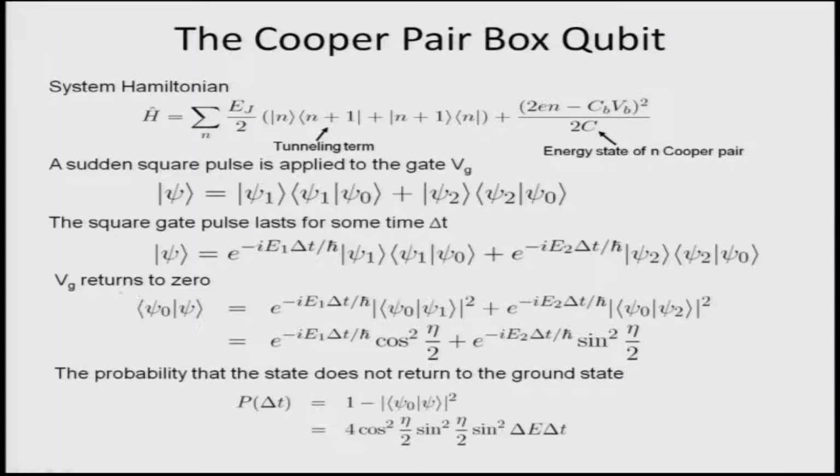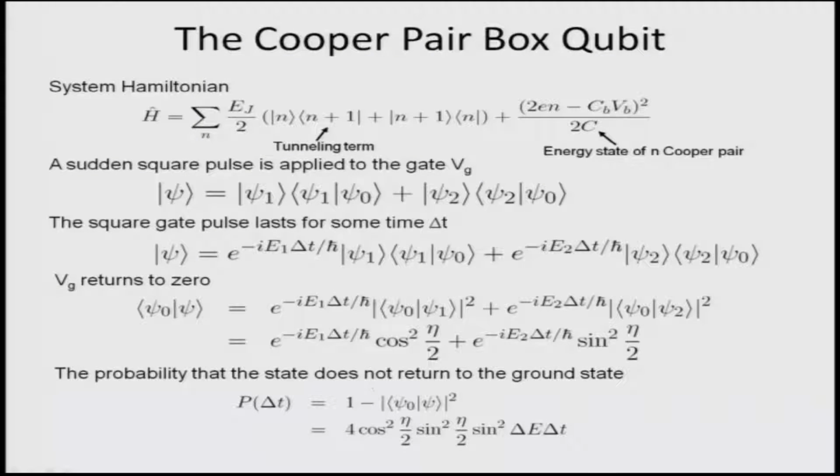And then the square gate pulse lasts for some time delta t, which means that the system propagates in terms of the Schrodinger equation, and as a result there is this exponential term which appears. When the Vg returns to 0, then the resultant is a projection of the state with respect to the current evolved system.